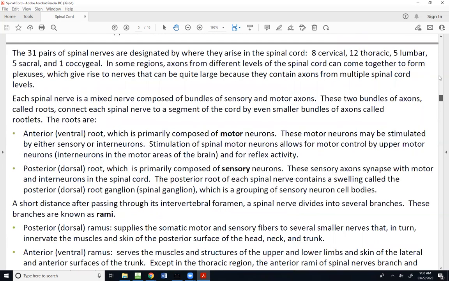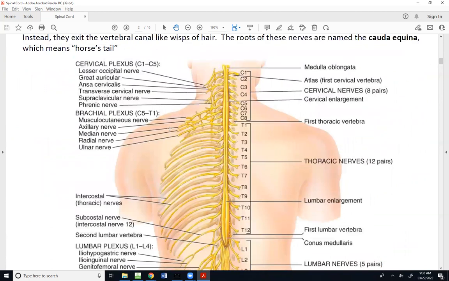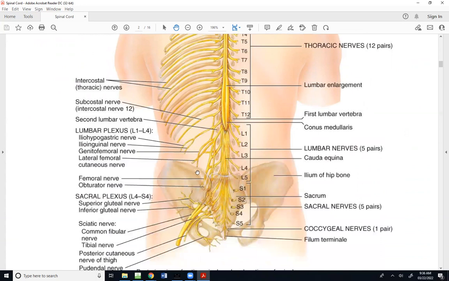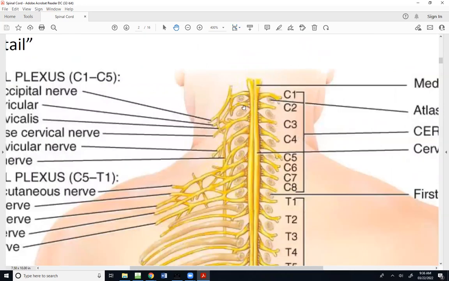There are 5 principal plexuses, which I referenced a couple of different times early in the lecture. We have the cervical plexus, the brachial plexus, the lumbar, and then the sacral and coccygeal plexuses. As you can see in this illustration, these plexuses are a network of spinal nerves coming together.